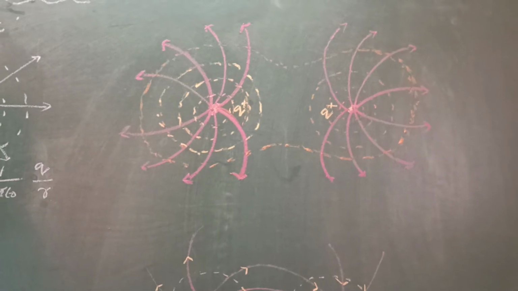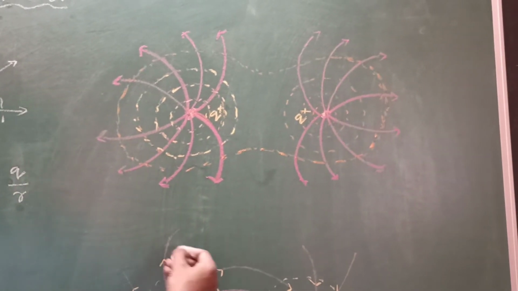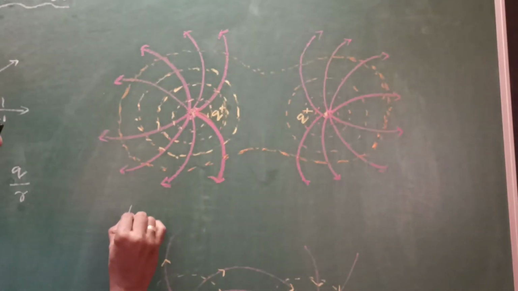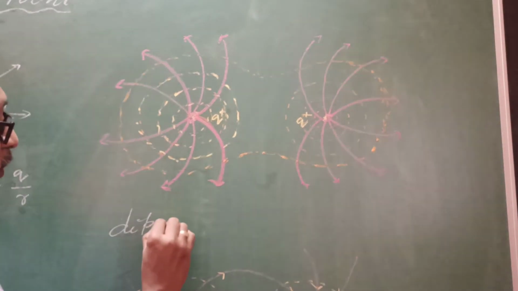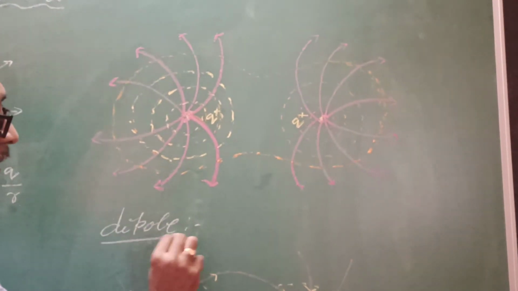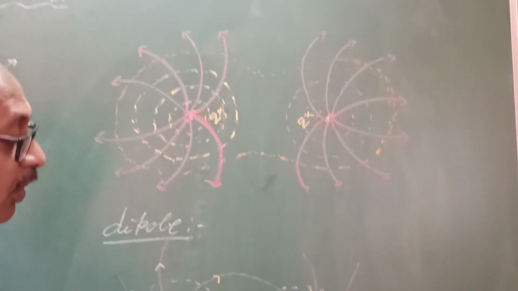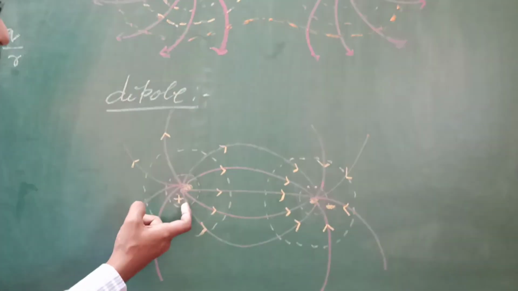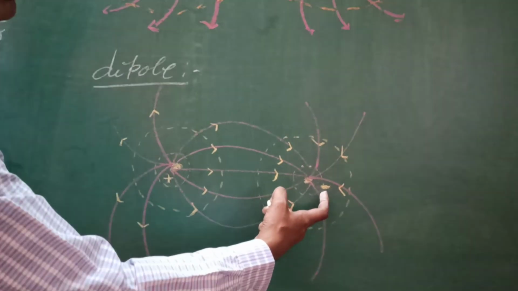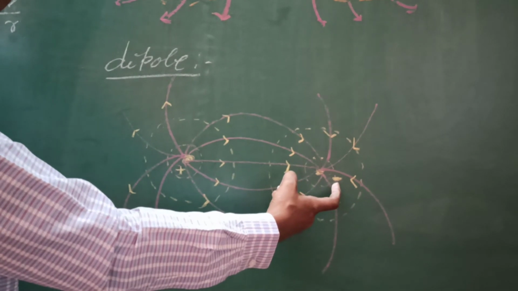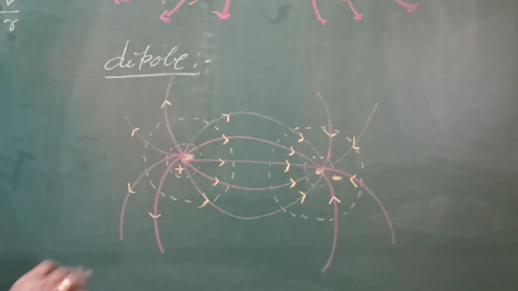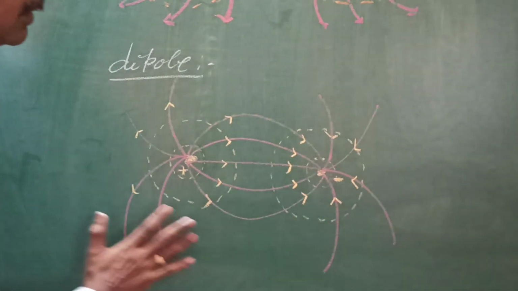And for a dipole, two equal and opposite charges, here we have plus and here we have minus. Then we can represent the equipotential surface in this manner.